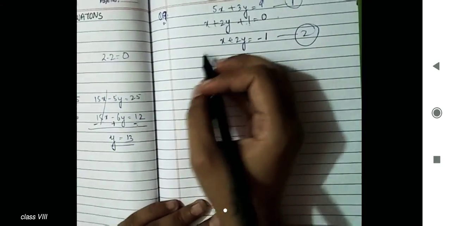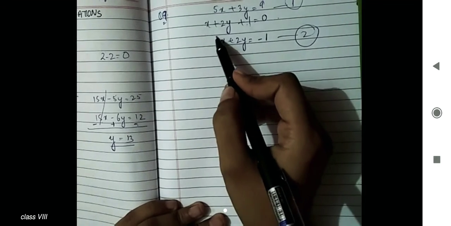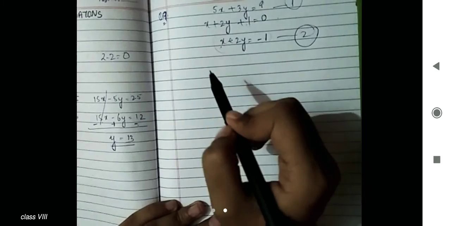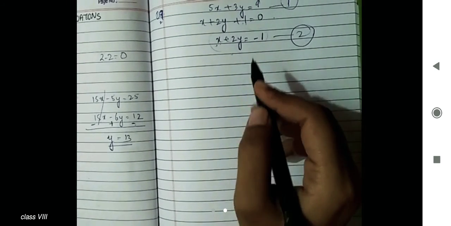So how will you eliminate this x? You can easily eliminate x by multiplying by 5, so you will get the same term 5x. You will understand by yourself by what number you need to multiply. If you want to make y the same, you will multiply this equation by 2 and the other equation by 3, so that you get 6y and 6y. It depends on you how you will eliminate.